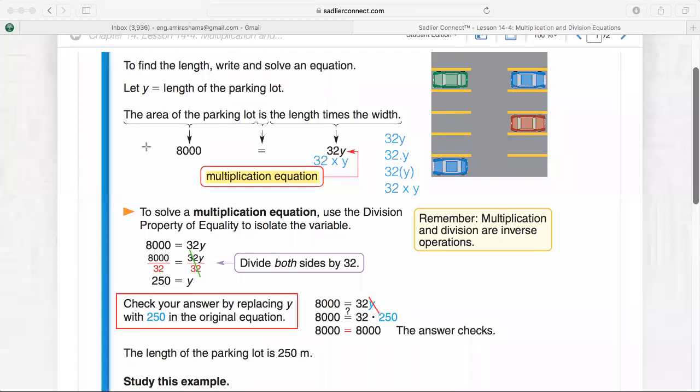I will hide the answer here. I will cancel y and replace it with the value that I got: 32 multiplied by 250. I got 8,000. To check my answer, I will unhide the answer. Yes, it is.